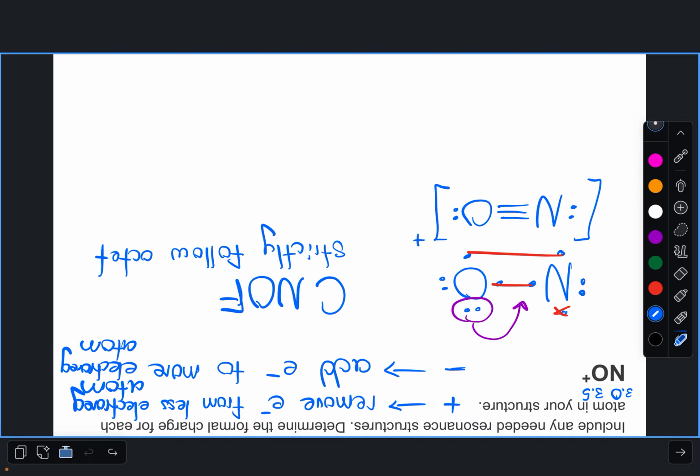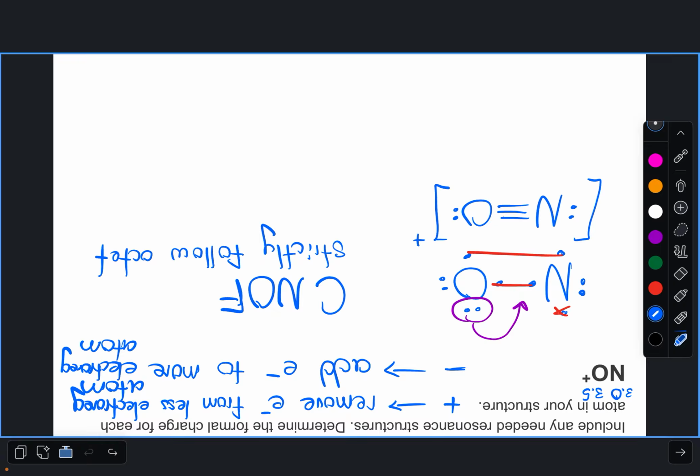Okay, this is a good time to introduce the idea of formal charge. It doesn't really change how we do this, but it's a useful example. Anytime things don't follow that guideline of how many bonds they form, it's not great. It makes us wonder if the structure is really accurate.